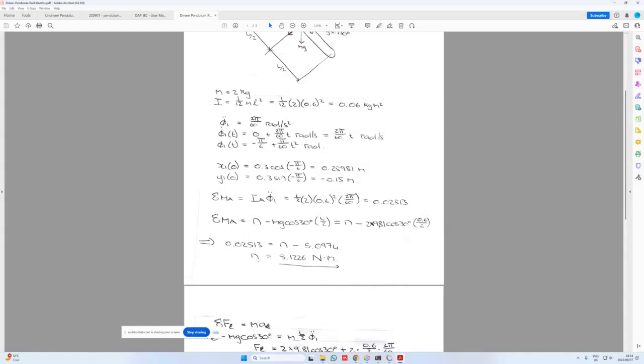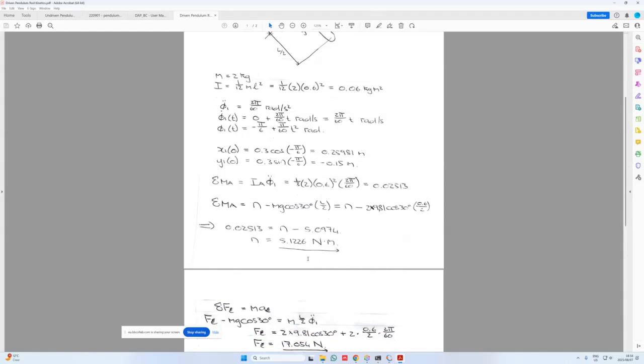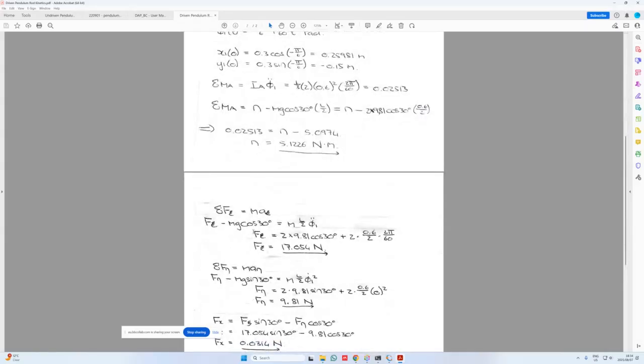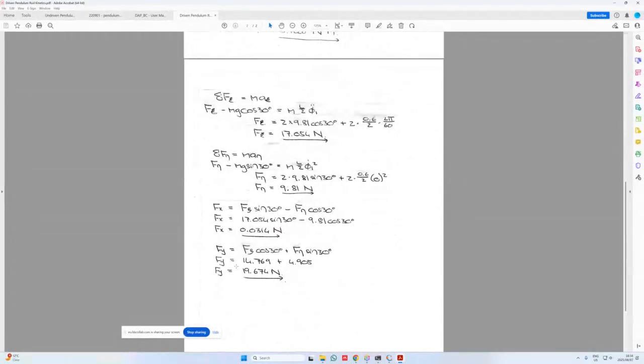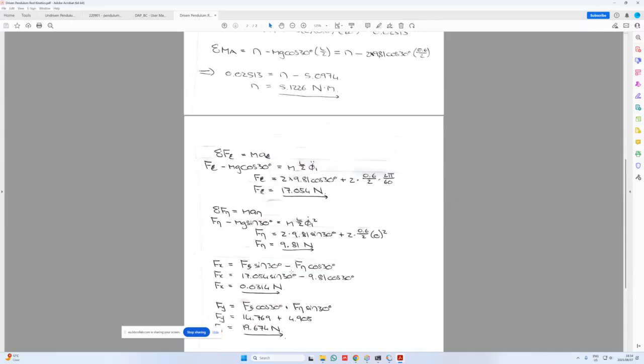And what I then get is N is equal to 5.1226 Newton meters. If I go and calculate as well the reaction forces in the xi and eta directions, these are the values that I get, and I can once again relate them to the x and y or the global coordinate system, and these are then the values that I end up with that I can use as a validation for my DAP-BC calculations that I do.